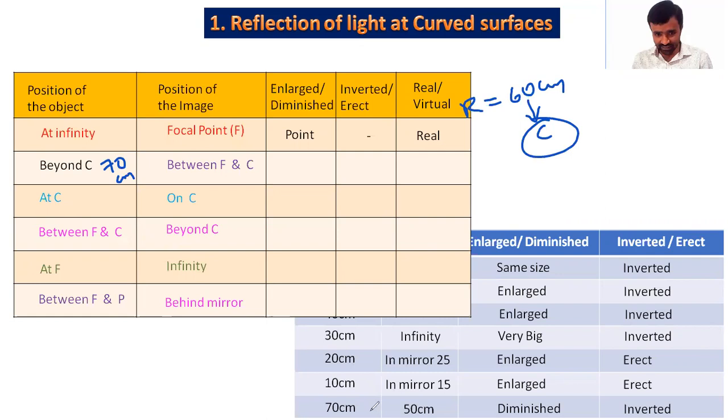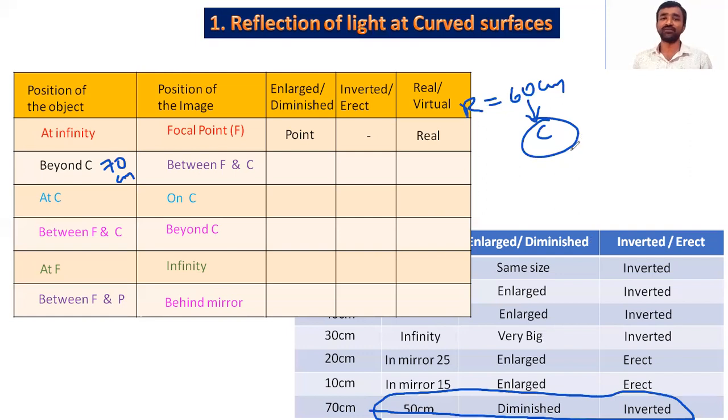So at 70 centimeters, what characteristics have we written here? Diminished, inverted. And the type of image is what? Inverted image is always real. So note that down. So it is a diminished image, an inverted image, and the type of image is real. Inverted image is always a real image.